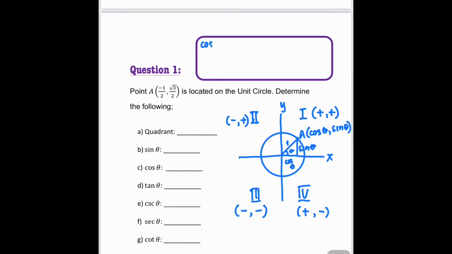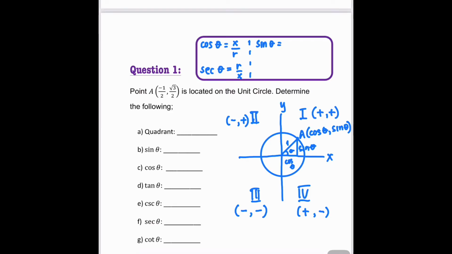Let me write a little side note here on top. Cosine theta is equal to x divided by radius. The reciprocal of cosine theta is secant theta, which is r divided by x. Again, for the unit circle, the radius is 1.